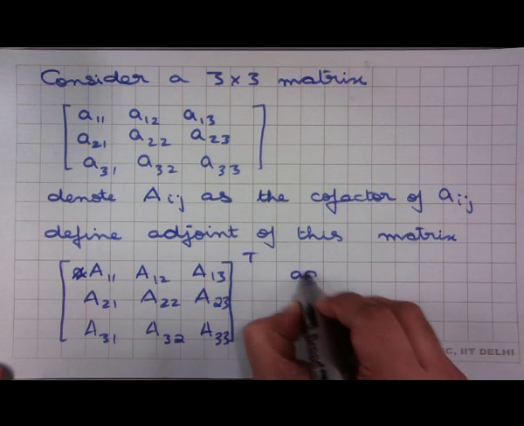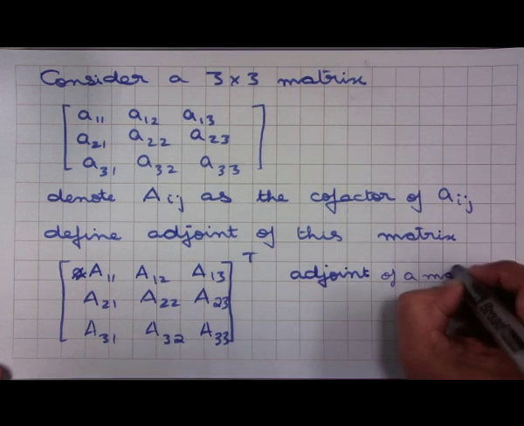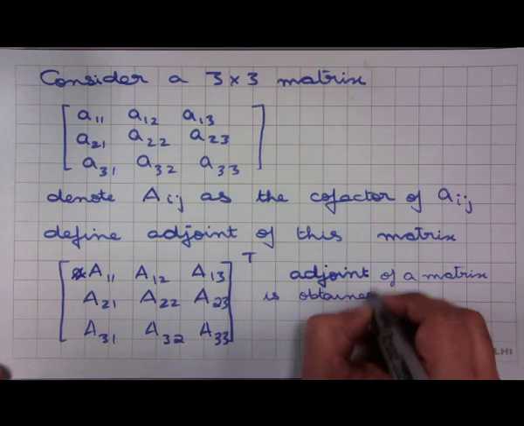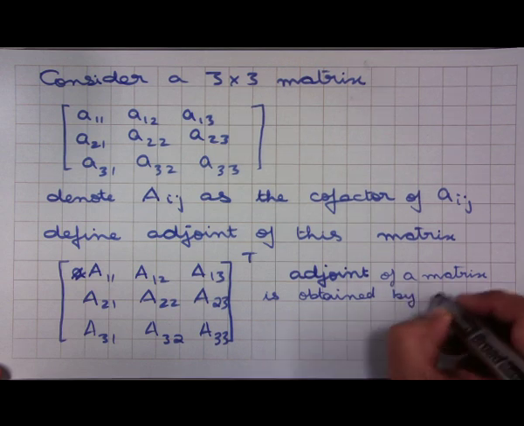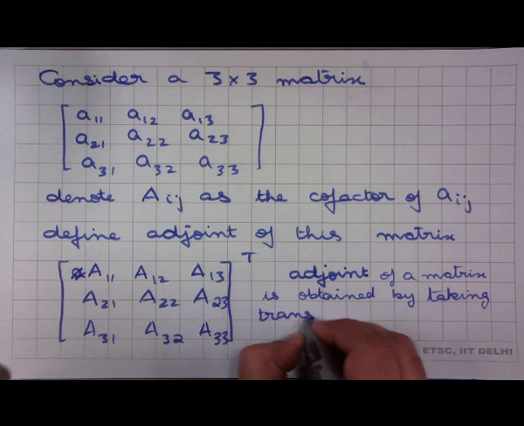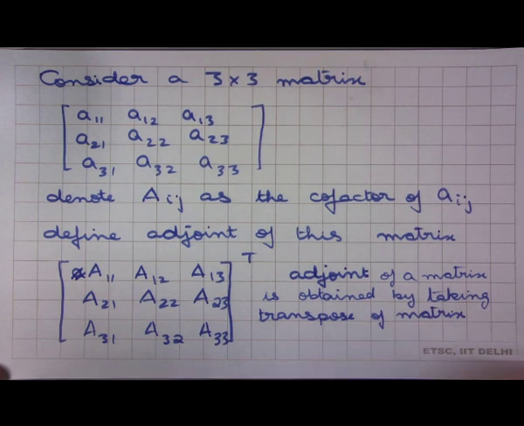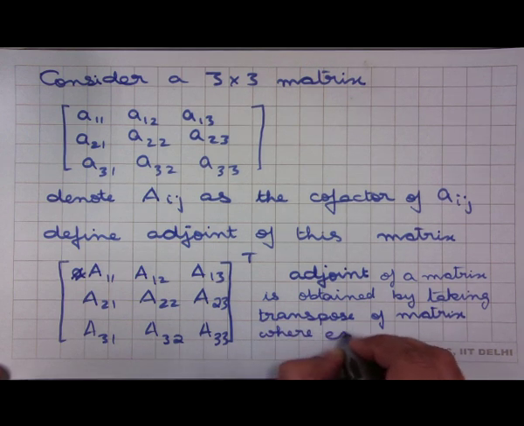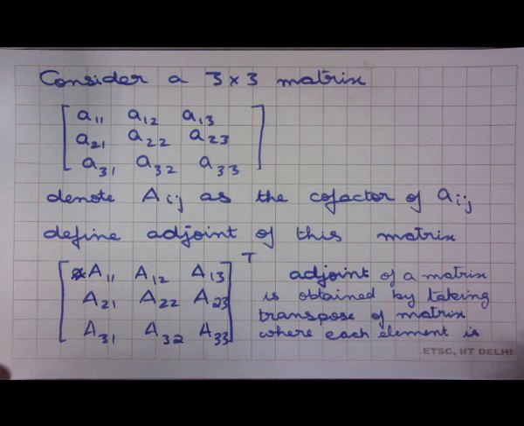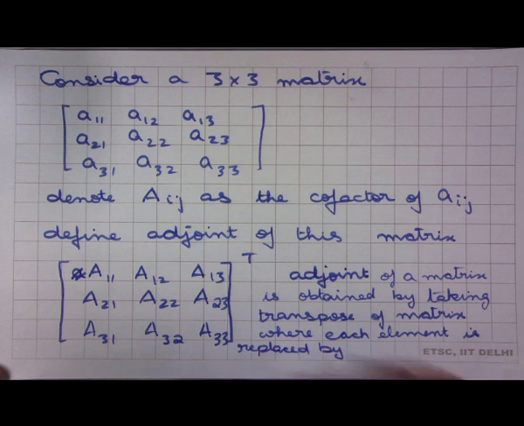So, the adjoint of a matrix is obtained by taking the transpose of a matrix where each element is replaced by its cofactor.